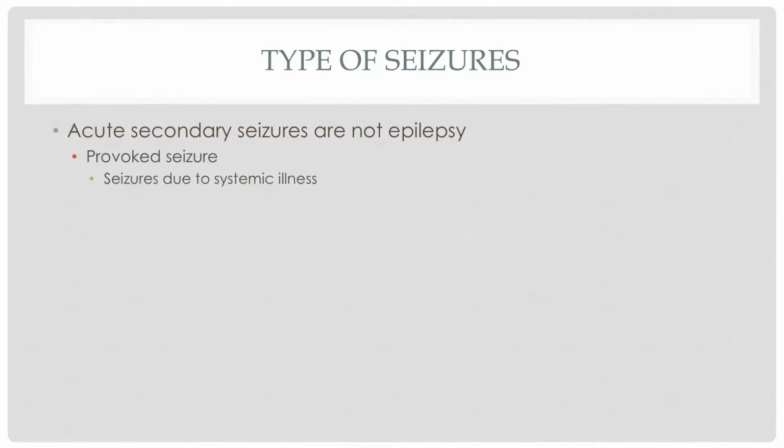Somebody who has a provoked seizure, which is defined as a seizure due to systemic illness, sepsis, or bacteremia. It could be alcohol withdrawal, medication side effects, and some antibiotics can lower the seizure threshold, and people can have seizures as a result of that.